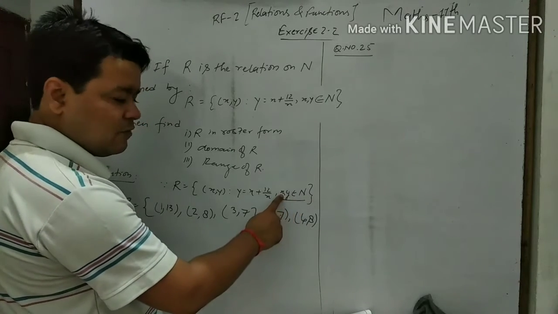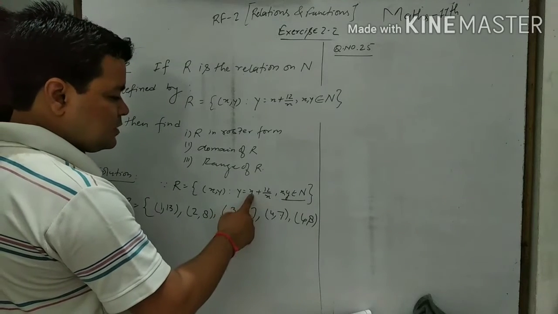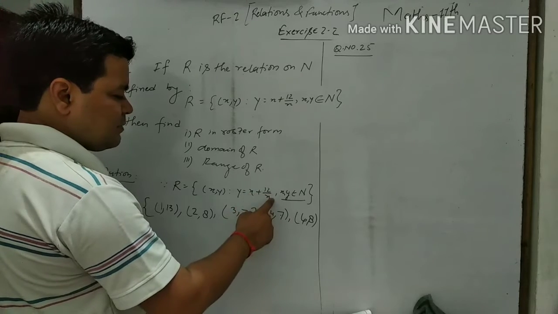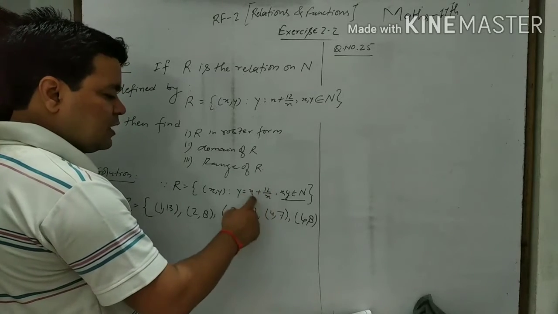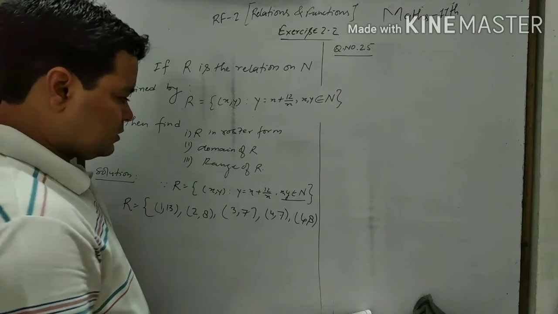If x = 7, then 7 + 12/7 is not a natural number. Therefore, we cannot take 7.